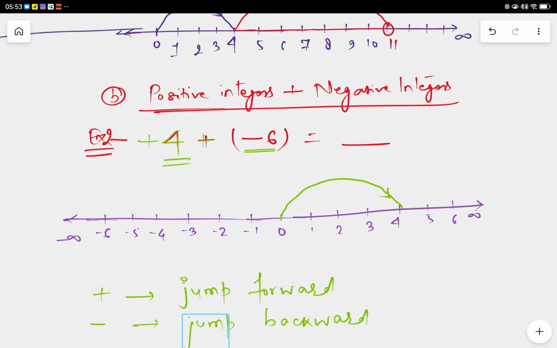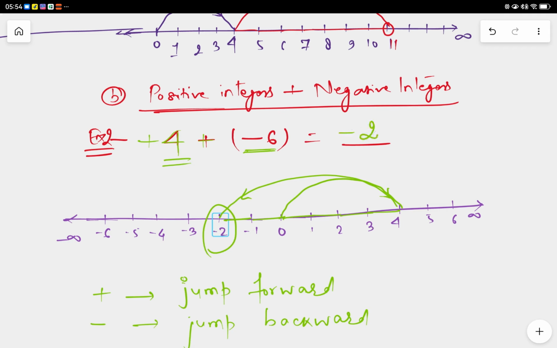Now how much do we have to jump backward? -6. That means 1 2 3 4 5 6. We have to jump 6 units back. So 1 2 3 4 5 6. That means our answer is -2.